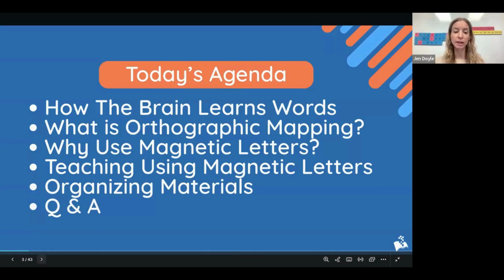And I'll walk you through a lesson so you'll see step by step how to use the magnetic letters in your classroom. And then we'll talk all about how to organize these materials, because that can be a big challenge. If you're not organized with the magnetic letters, it can make it that much harder to teach and for students to learn with them. And then we'll close with a Q&A. And so that's our agenda for today.